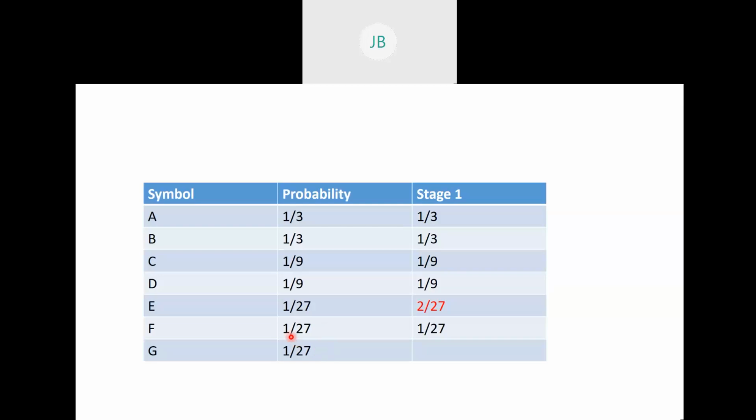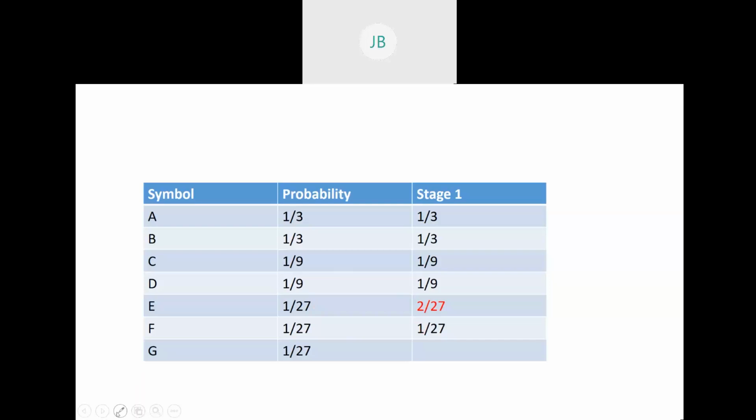In this case, we add 1 by 27 and 1 by 27, and we get 2 by 27. That should be sorted along with the other members here. So 2 by 27 will come here, and this 1 by 27 will come here.